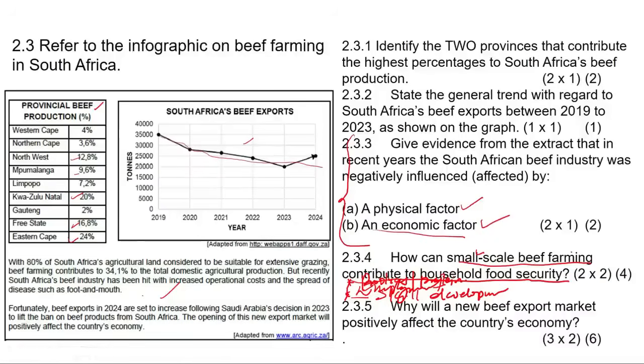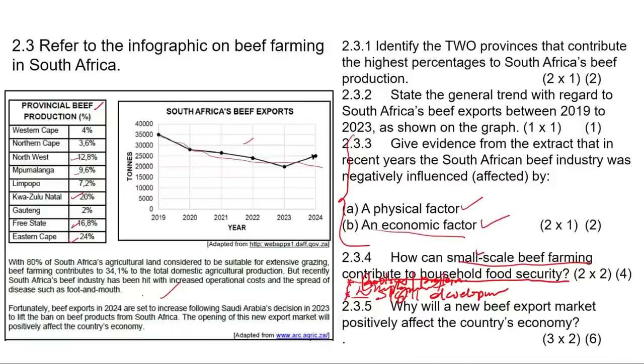How can small-scale beef farming contribute to household food security? How can beef farming make sure that people have got food for themselves? Number one, we said people will have nutritious food, will have protein. People will have employment, and when people have employment, people can buy their own food.